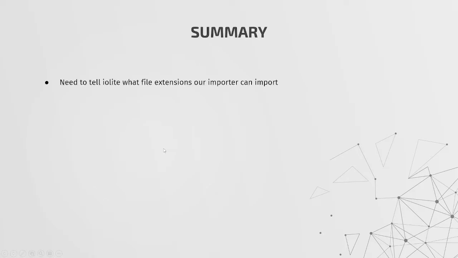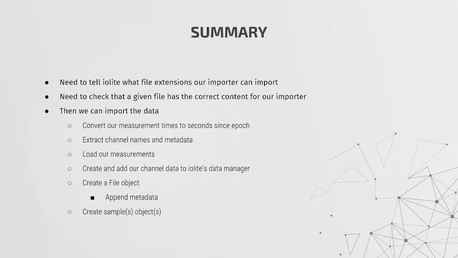So just to summarize what we did, we told Iolite via our accepted files function what file extensions we can import. We ran a check to make sure that this was the type of file that we wanted to import using this import module, using the correct format function. And then we actually imported the data, which included converting our measurement times to seconds and epoch. We got our channel names.